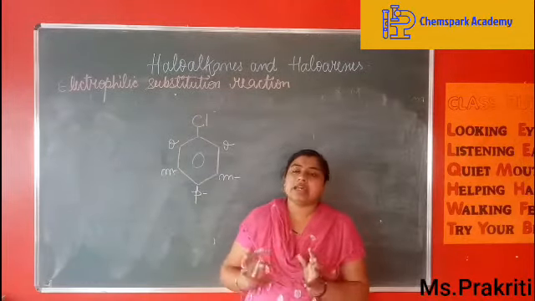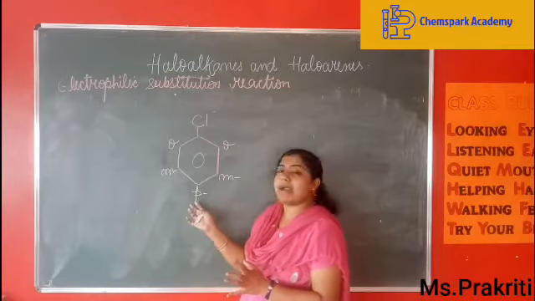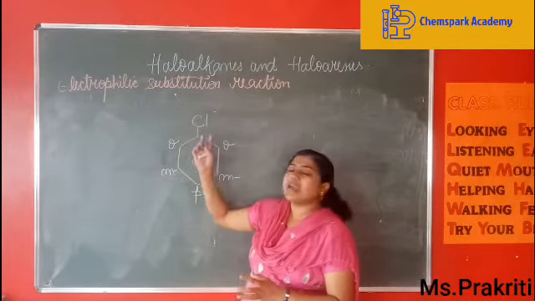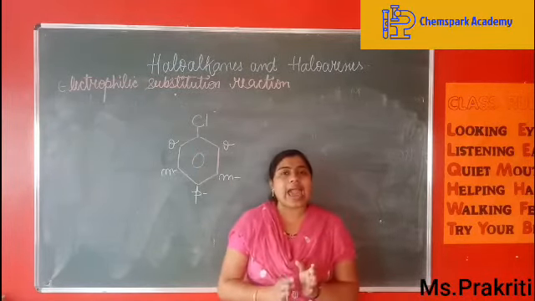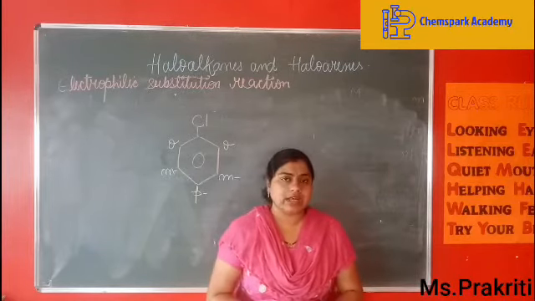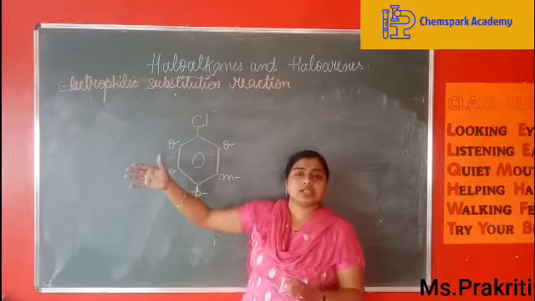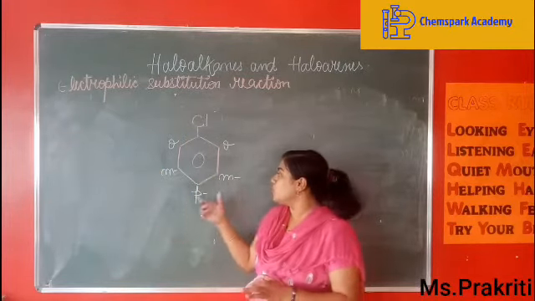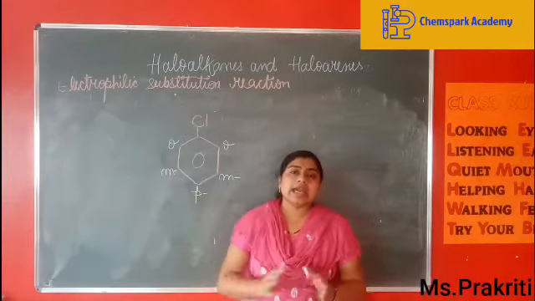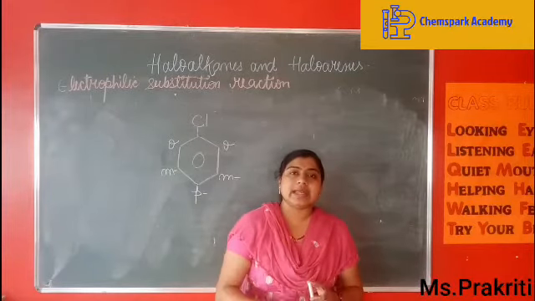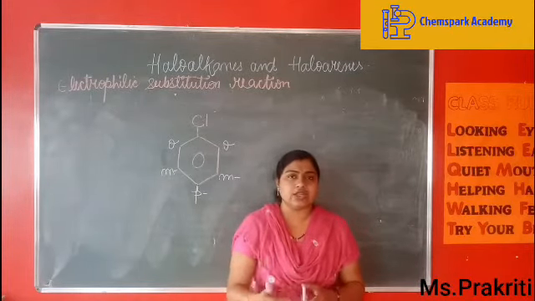So when it is directed to the ortho and para position, the group is known as ortho and para directing in nature. And when the group present on the top of the benzene ring directs the incoming group towards the meta position, it is known as meta directing in nature.